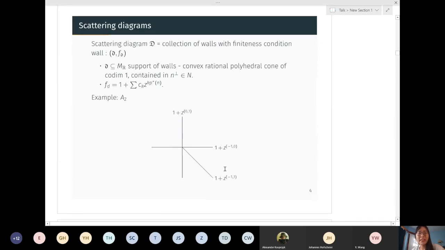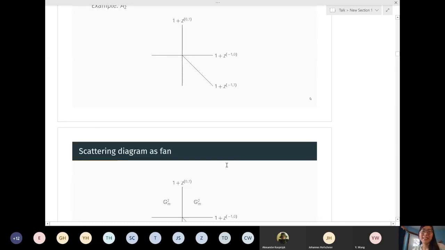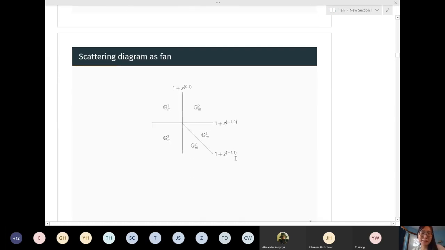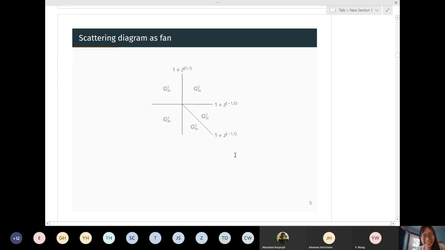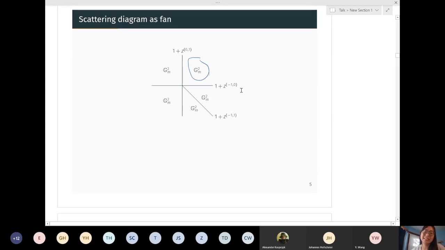As I said, I want an analogy of the scattering diagram as a fan in toric geometry, so do not be too upset with me. What I'm going to do is associate what we call a chamber here with a torus. I know you'll be upset, that is not a torus, but fine. This is an analogy. So we associate each maximal cone, what we now call a chamber, with a torus, and then we have those functions here.